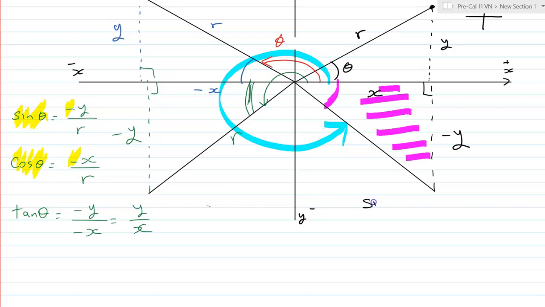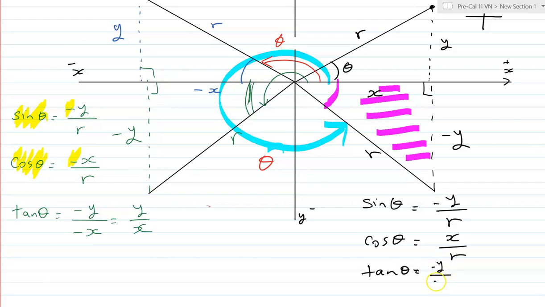So if we write up all the ratios, sine of the new theta, here you go, is minus y over r, and the radius, or hypotenuse, is always positive. Cos of theta is x over r, cosine is positive, and tangent of theta is minus y over x.